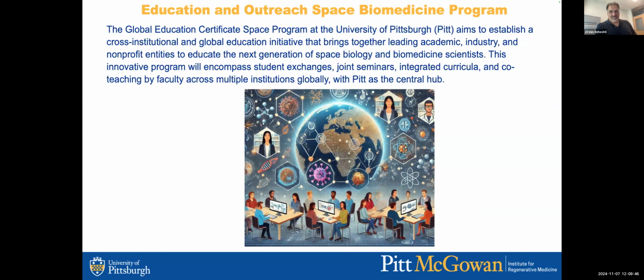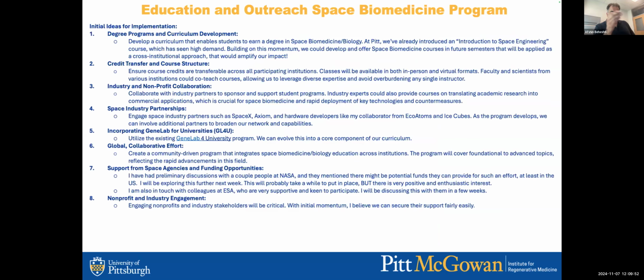So basically we harmonize the education program for space biomedicine across the entire world, where one course is provided for all universities, and then each university handles how they process the credits within their own university.